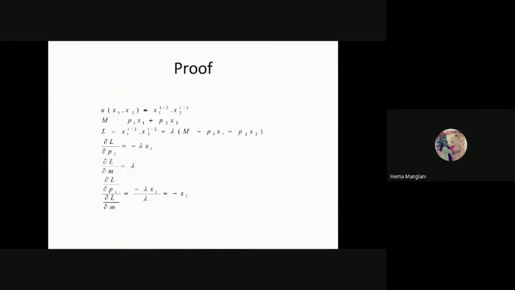Now both are divided by each other, and this gives me minus x1. So this way, from the Lagrangian equation also, you can get a proof of Roy's identity, that it is always equal to minus x1 or minus x2, because we are differentiating with respect to P1. If you differentiate with respect to P2, you'll get minus x2. Is that clear to you?